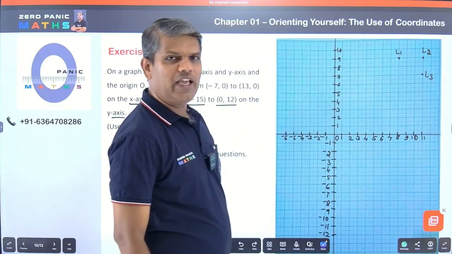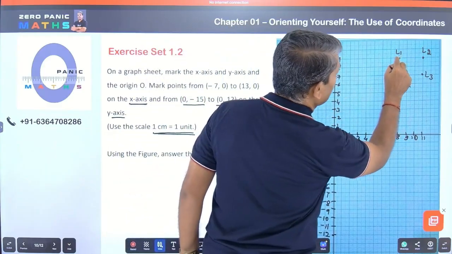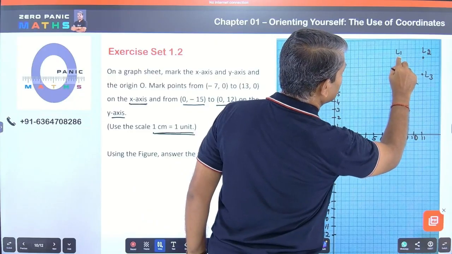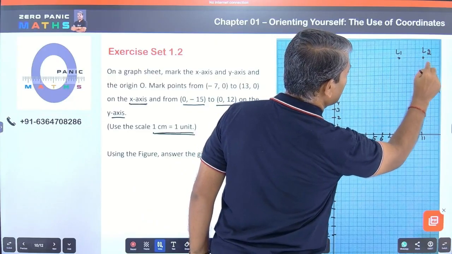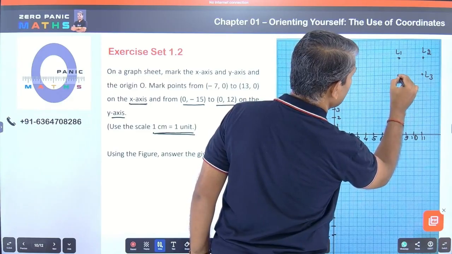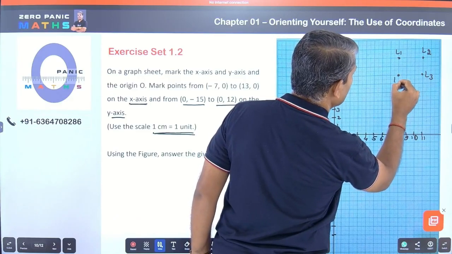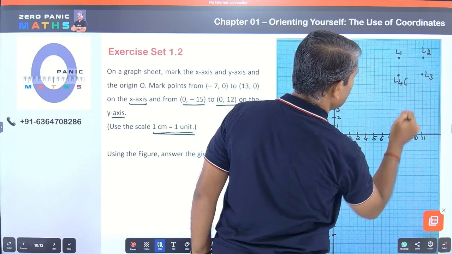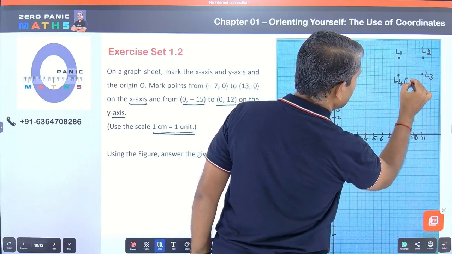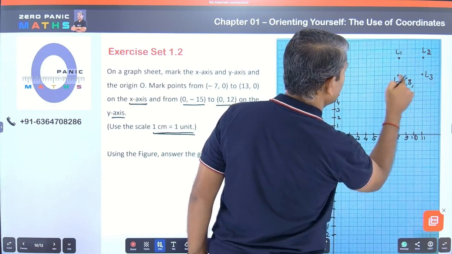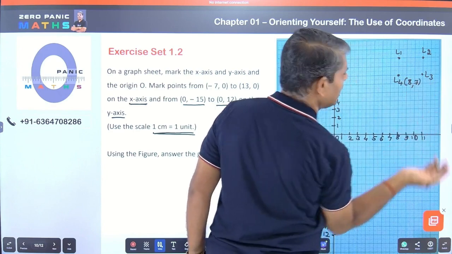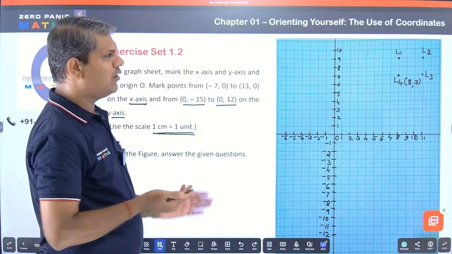So obviously, if there is a rectangular table placed like this, with L1 the first leg here, second leg here, third leg here, the fourth leg will be exactly here, and this is L4. What are the coordinates of that? 8 towards the x-axis and 7 towards the y-axis. That's the answer to the first question.